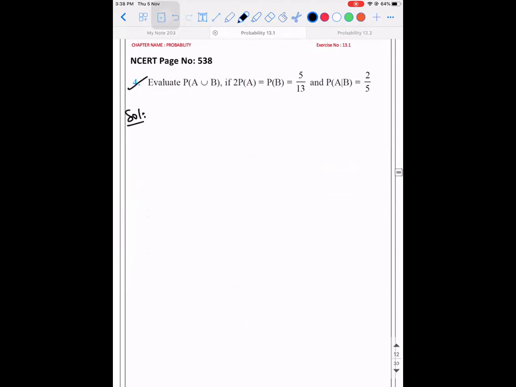Fourth one. So probability of A union B. So if I evaluate the value of probability of A union B, if 2 times P of A is equal to P of B is equal to 5 by 13. So from this, can I conclude probability of A is 5 by 26 and probability of B is 5 by 13 and probability of A given B is 2 by 5. So what is the probability of A given B?